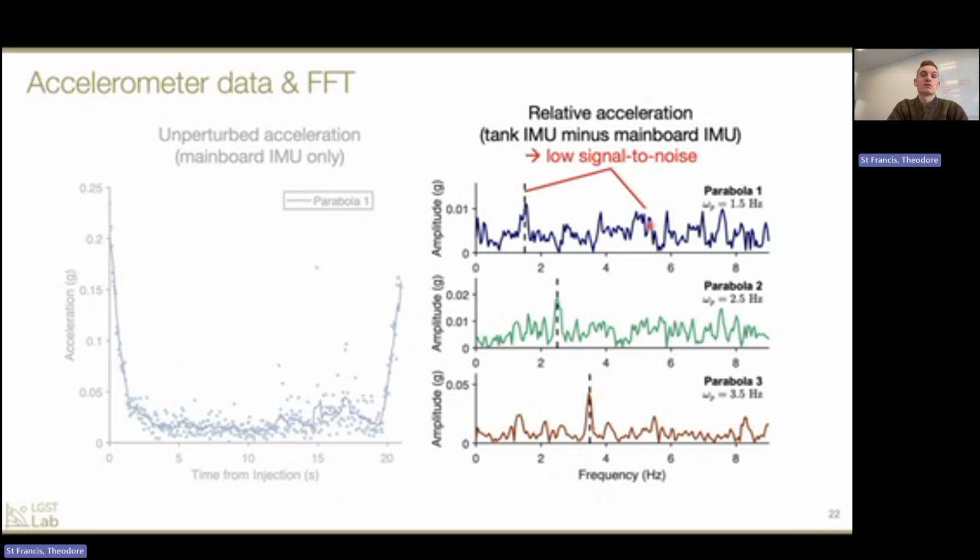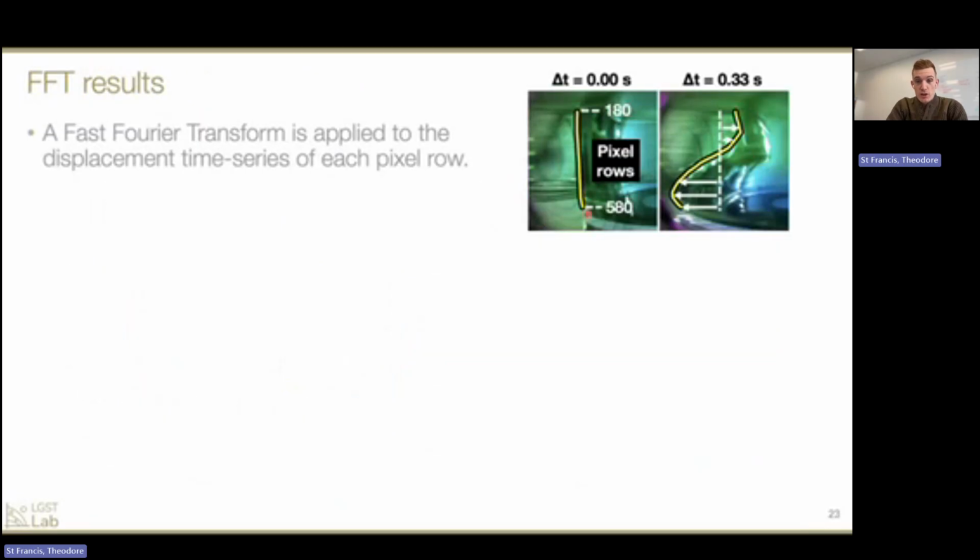Importantly, there's relatively low signal to noise, especially on the first parabola, which muddies the signal a little bit, although you will see that we can still extract some modal shapes from the interface analysis. So here we are, fast Fourier transform applied to each of these pixel rows.